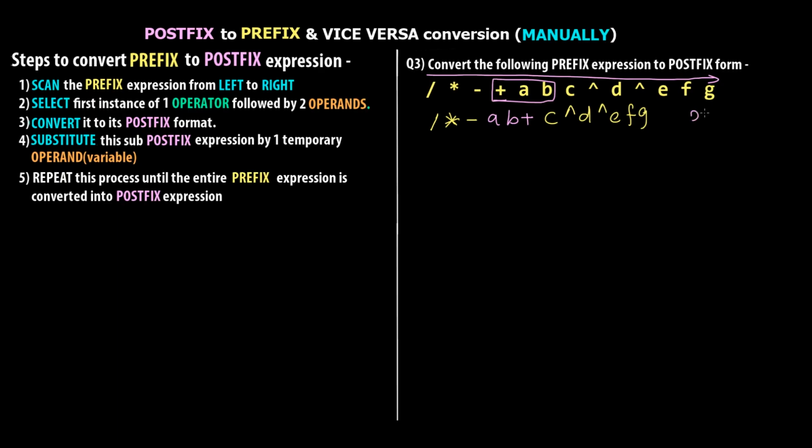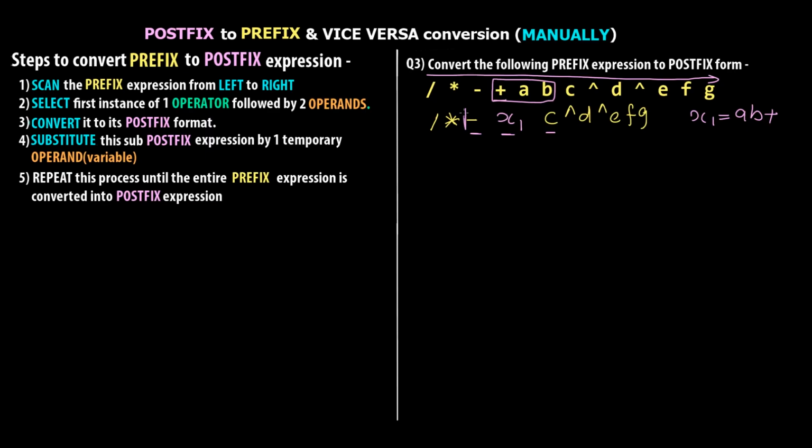Now we will say x1 is equal to AB plus, and I'm gonna substitute it over here itself. So I'll write x1 over here because I want to save some space. If you're using pen and paper, don't skip that step. But again, we have to scan this also from left to right. The first instance of one operator followed by two operands is minus x1 and c.